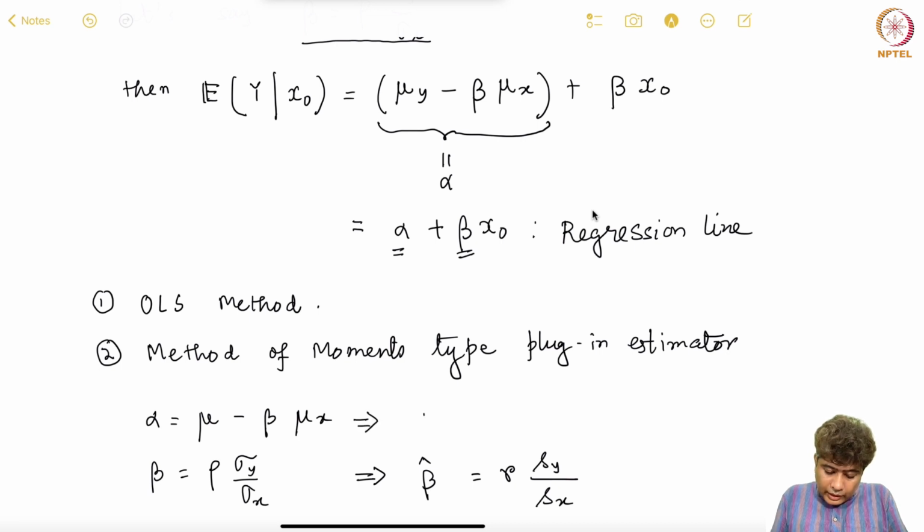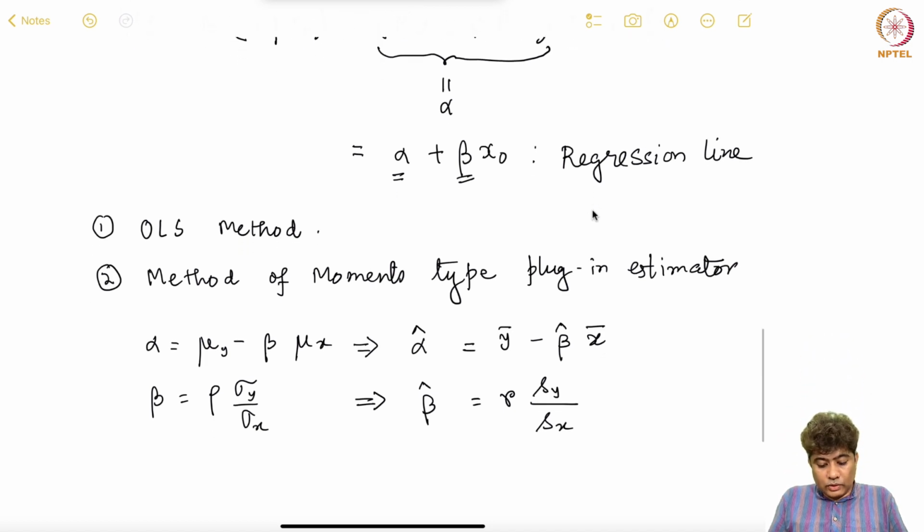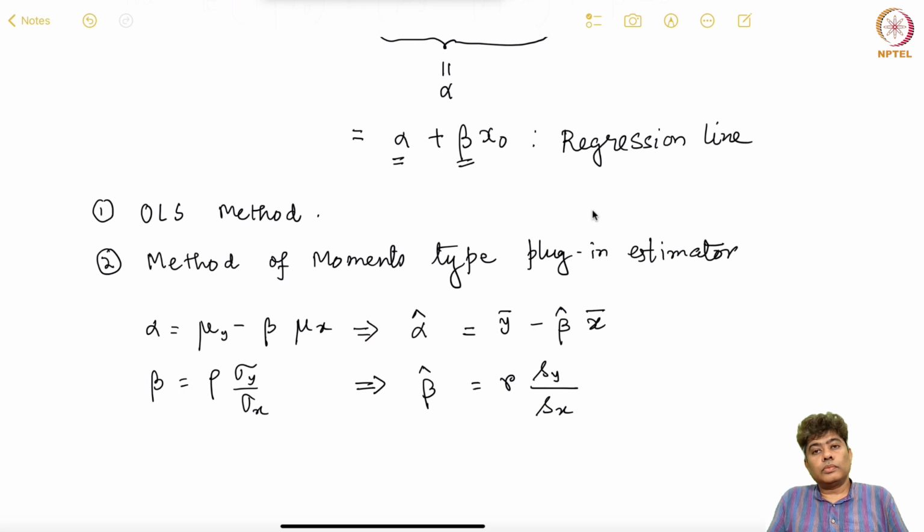Similarly, I can calculate alpha hat as y bar minus beta hat x bar. These are the plug-in estimates that we can use to estimate alpha and beta. This works very nicely for at least a simple linear regression model with one x and one y, and it is like an off-the-shelf estimator.